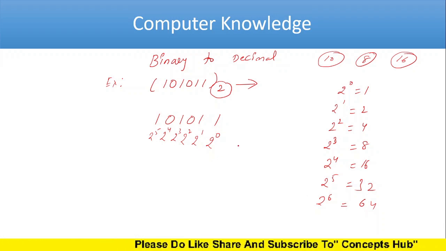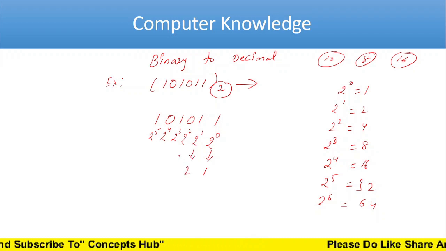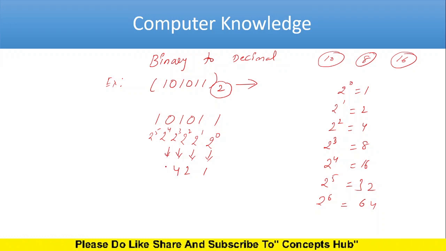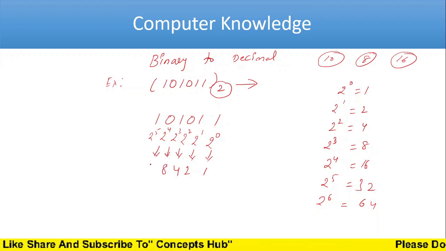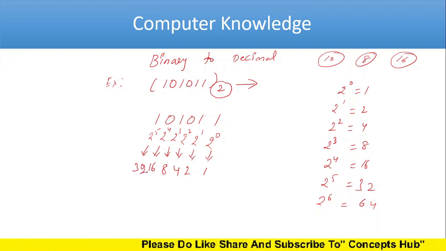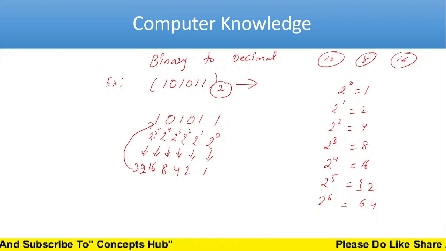So what we'll do is 2 to the power of 0 is 1, 2 to the power of 1 is 2, 2 to the power of 2 is 4, 2 to the power of 3 is 8, 2 to the power of 4 is 16, and 2 to the power of 5 is 32. What we need to do is multiply with these respective numbers.